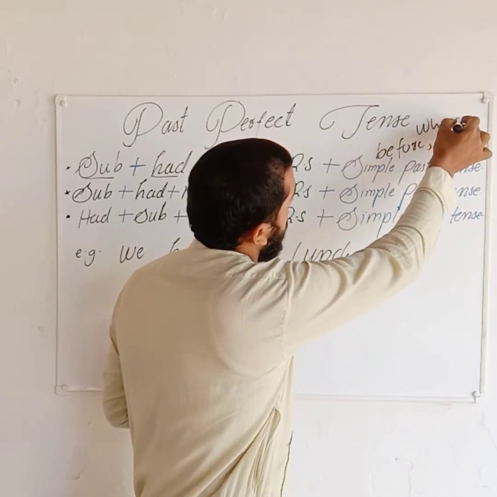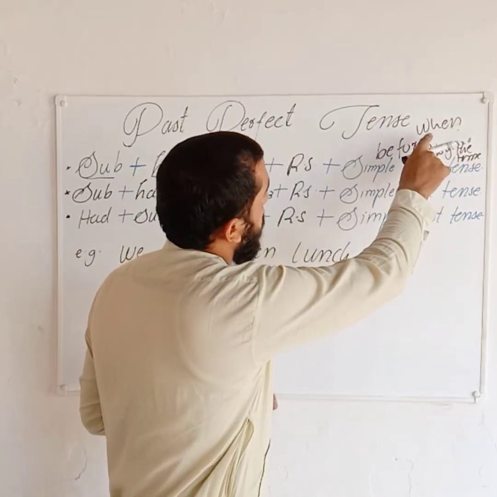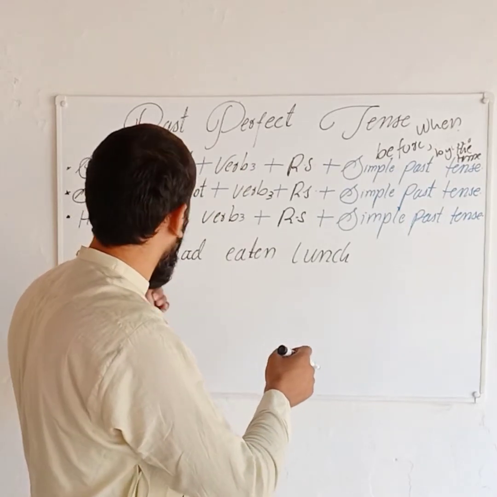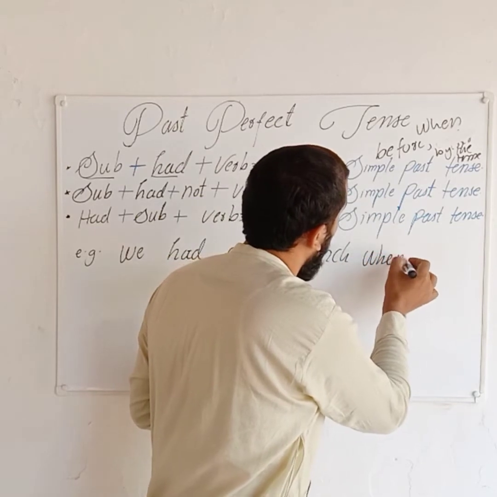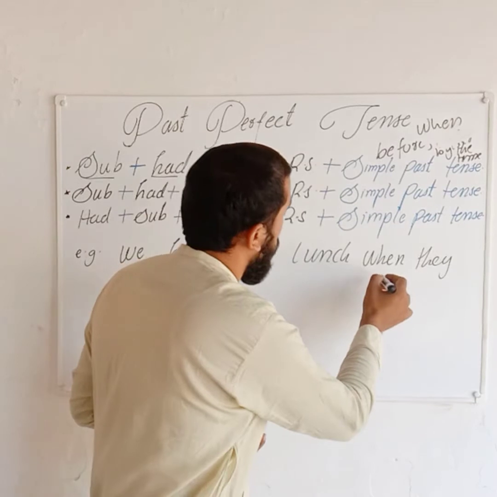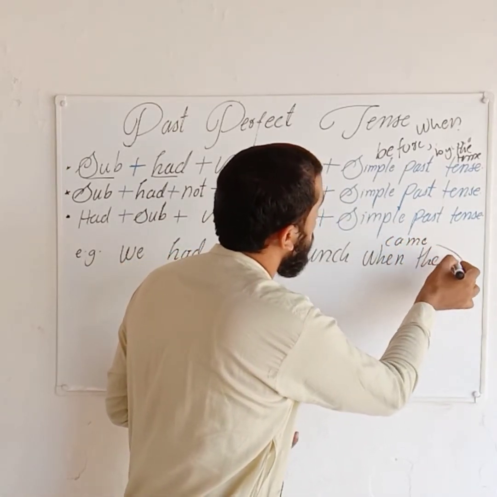We use these things. Well, we use before, by the time, and when with simple past tense. We had eaten lunch. You can say when they came. We use the second form of verb because it is simple past tense.